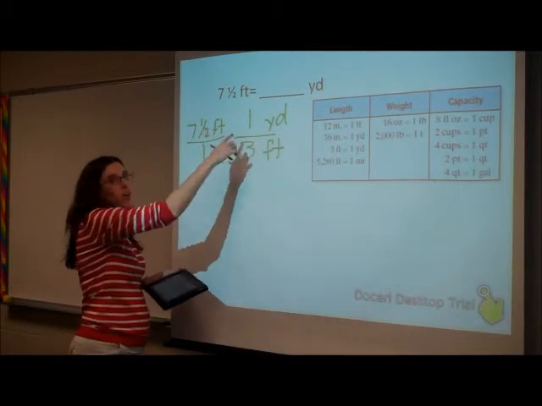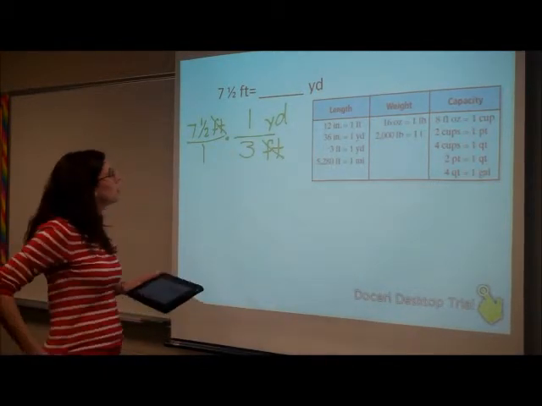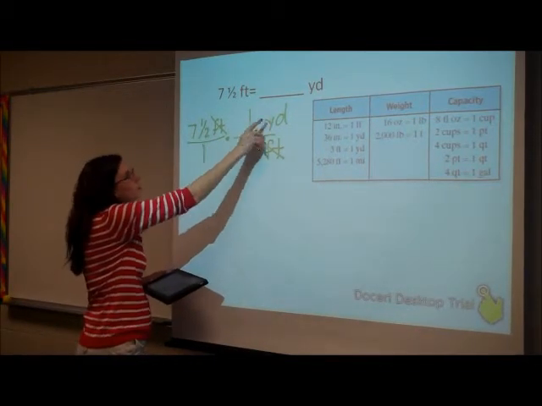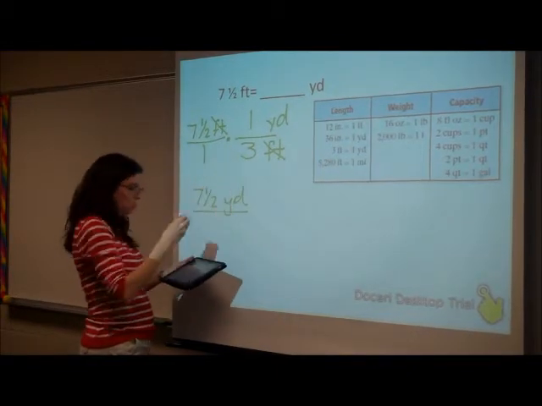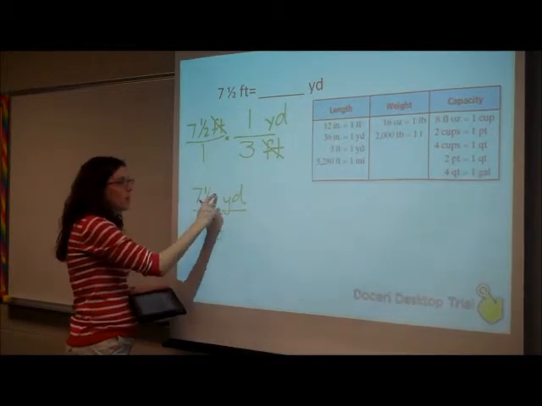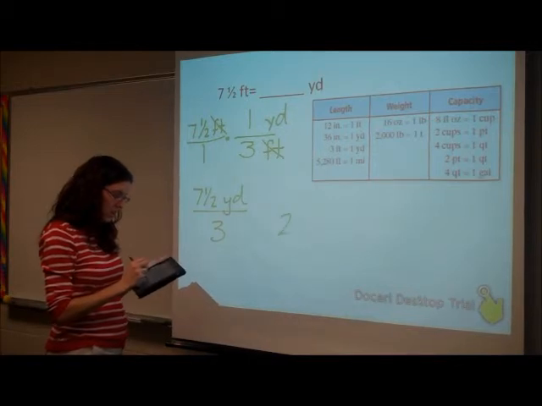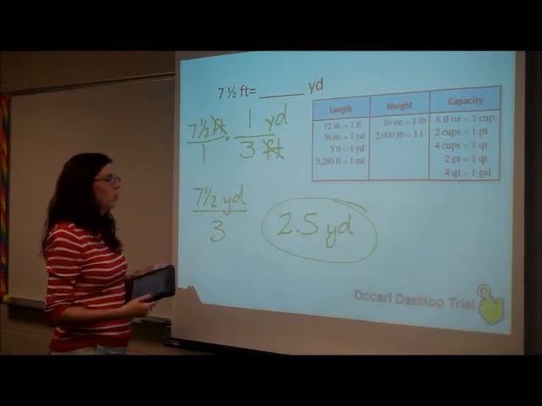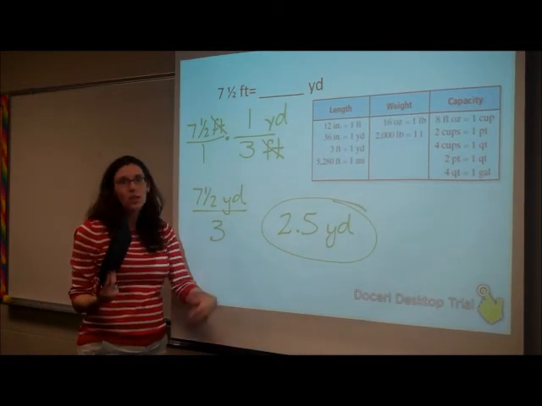So we're multiplying fractions so we can cross cancel. Well, I can take out a feet in those diagonals. Multiply my numerators. 7.5 times 1 yard is 7.5 yards over 1 times 3, which is 3. So dividing my numbers, 7.5 divided by 3 gives you the 2.5 yards. So 7.5 feet is equal to the 2.5 yards. So either way, you get the same answer.